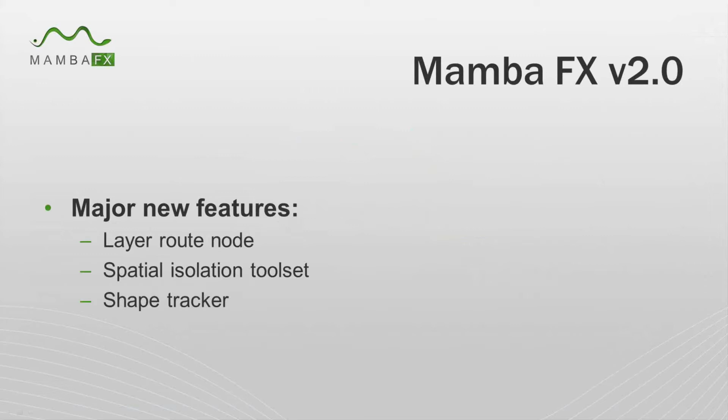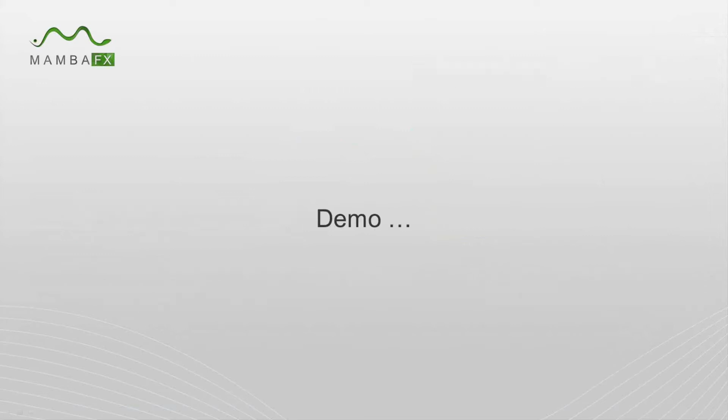And then also we've introduced our shape tracker into Mamba, which is fairly exciting and speeds up a lot of the standard day-to-day mundane tasks of working in this kind of software. So it's fantastic technology, incredibly fast, and we're really happy that we can get it out to more people. So rather than talking about it, let's just get straight into a demo.